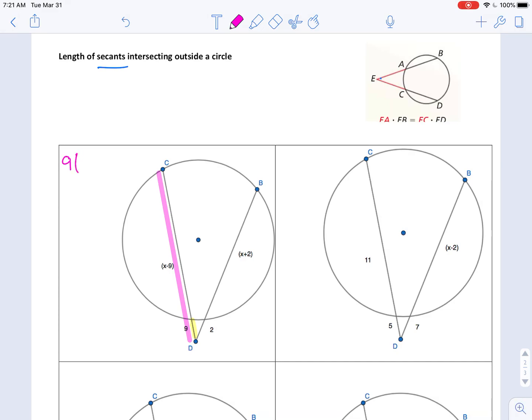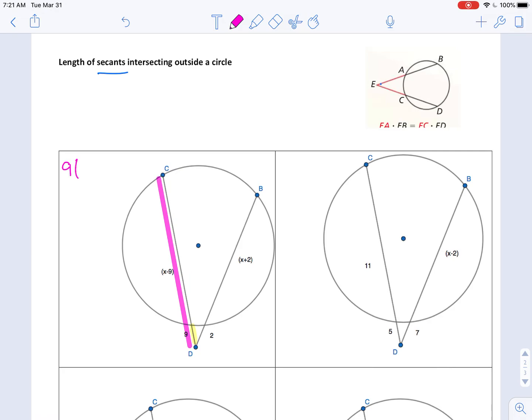So what's the part of the secant outside the circle? We'll always start with the part outside the circle, which is 9, times, and what's the whole secant? This is where we need to be very careful. So the whole secant is, I can take 9, and I can add the other part, x minus 9.